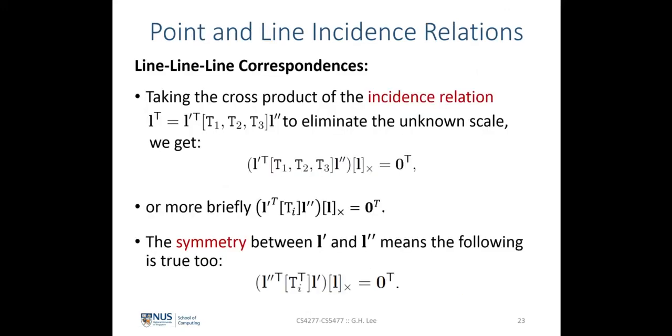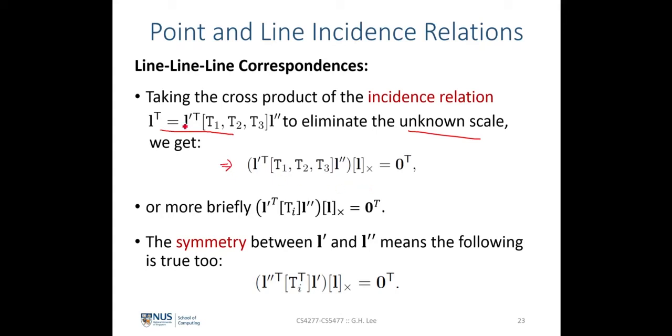Now we can take the cross product of the incidence relation that we have derived earlier on to eliminate the unknown scale inside this particular incidence relation, to get the homogeneous form as we see in this particular equation over here.